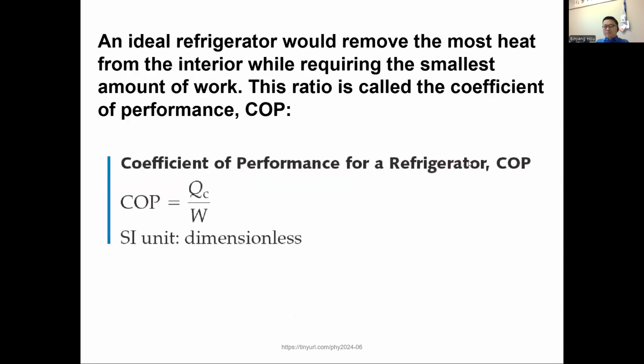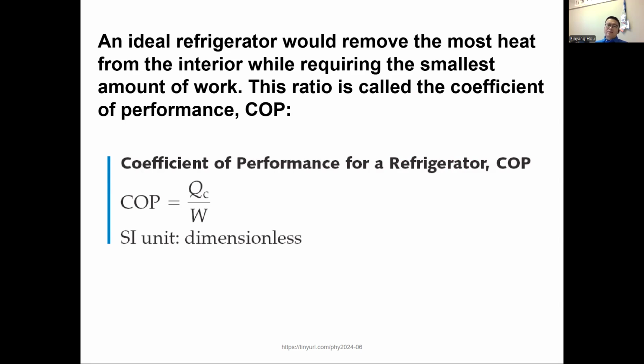Now, because the refrigerator removes heat from the interior, and at the same time, it requires a certain amount of work. So this is the amount of work consumed by this process. If we want to know how efficient the refrigerator is, then we'll talk about how much heat it's able to remove with how much work is required.